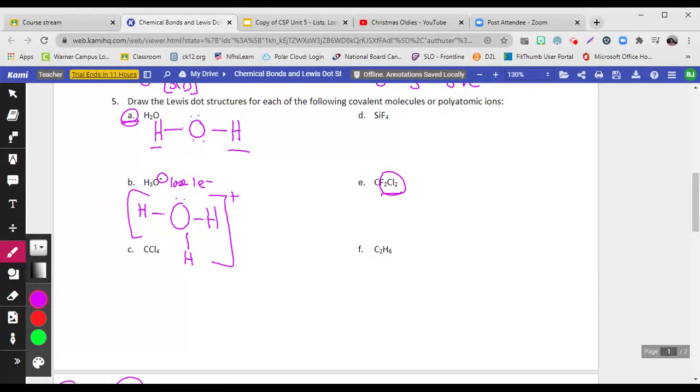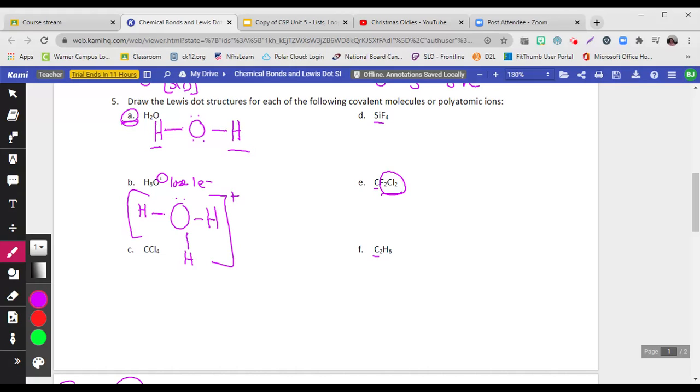Halogens here will also be terminal atoms typically, unless we're breaking that rule of octet. But for this class, they'll always be terminal atoms. So atoms like silicon and carbon are going to be your central atoms, while hydrogen, chlorine, and fluorine are going to be your terminal atoms.